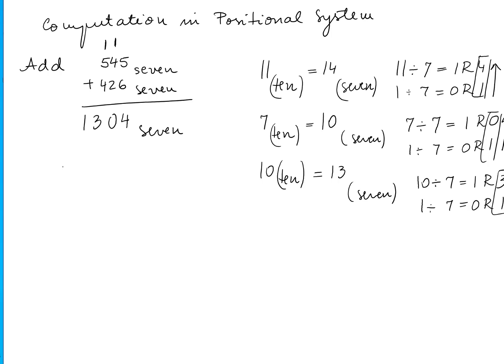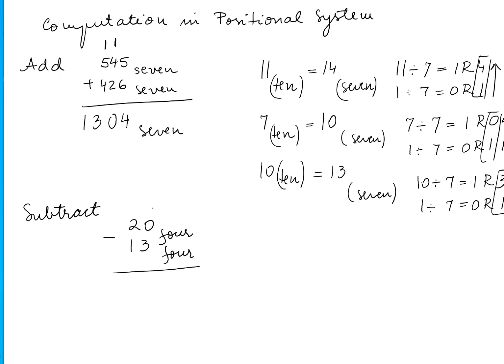Let's do a subtraction. So let's say we want to subtract 2 0 in base 4 minus 1 3 in base 4. So we subtract exactly like we subtracted in base 10. So 0 minus 3, well, 0 is smaller than 3, so we have to borrow from here.